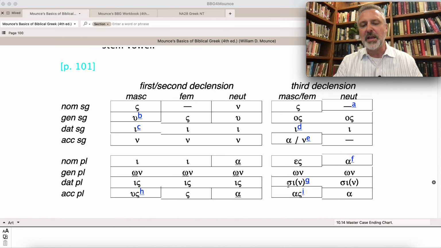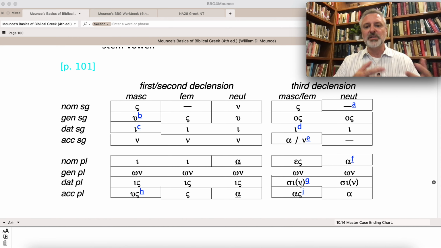And then at the end of sigma iota, you have what is called a movable nu. Sometimes it'll be sigma iota nu, or it'll drop out completely and it'll just be sigma iota. The nu is movable; that end sound is movable on or off.